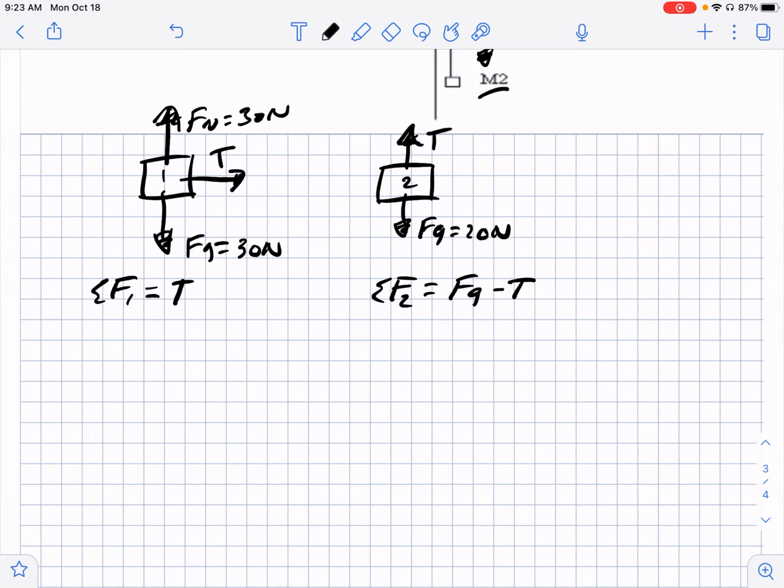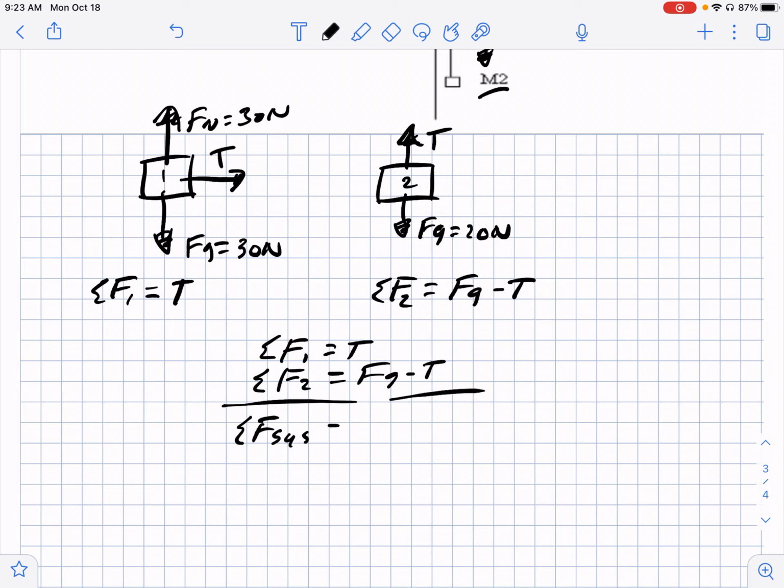So let's add those net force equations. So you have the net force of object 1 is equal to T. Net force of object 2 is equal to Fg minus T. So the net force for your system is just going to equal Fg. And we'll put Fg2 because that's the Fg of block 2.